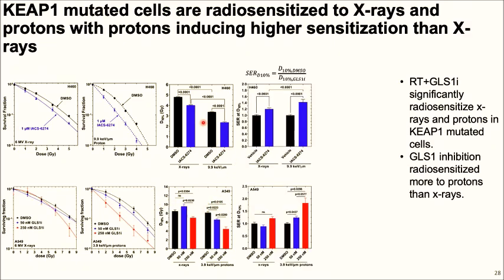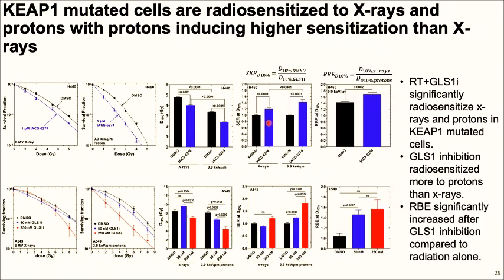Here we're quantifying how much sensitization was generated by adding the drug. You can see that it sensitized by 1.2 for photons and about 1.5 for protons. The different cell lines also show the same trend.